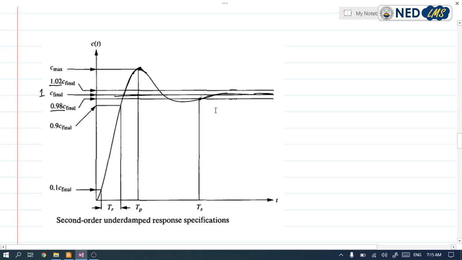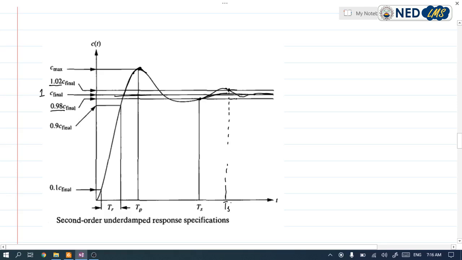If this response goes further from this point and crosses this plus 2% value, and then settles down like this, then we will say that this point will be the settling time.